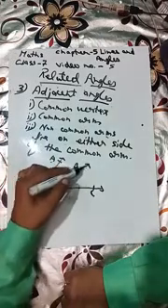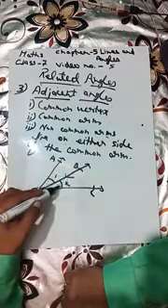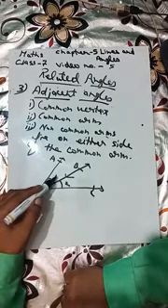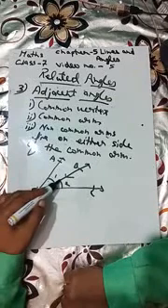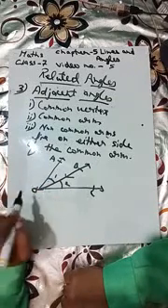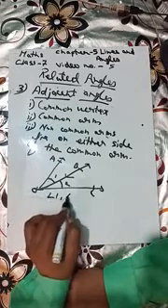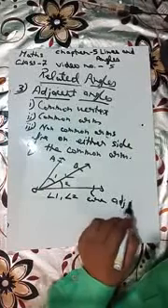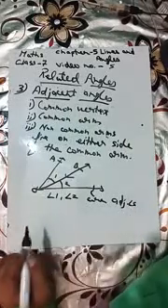You can imagine that the common arm has the angles on either side of it. One is on the left side, the other is on the right side. So angle 1 and angle 2 are adjacent angles.